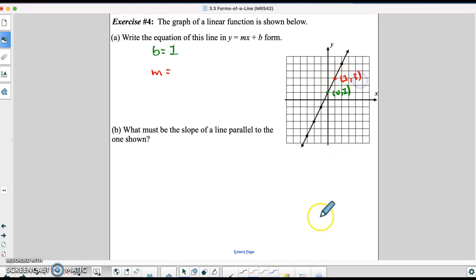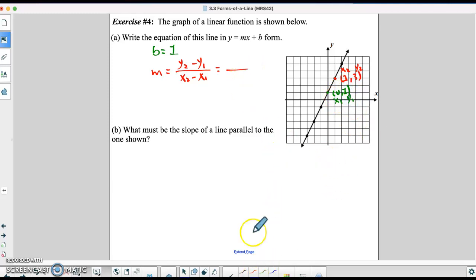As soon as you have 2 points, boys and girls, you are able to use the slope formula. Let's just write down one more time, y2 minus y1 over x2 minus x1, right? And then, you know what? Let's have this as x2, y2, and the first green ordered pair as x1, y1, okay?